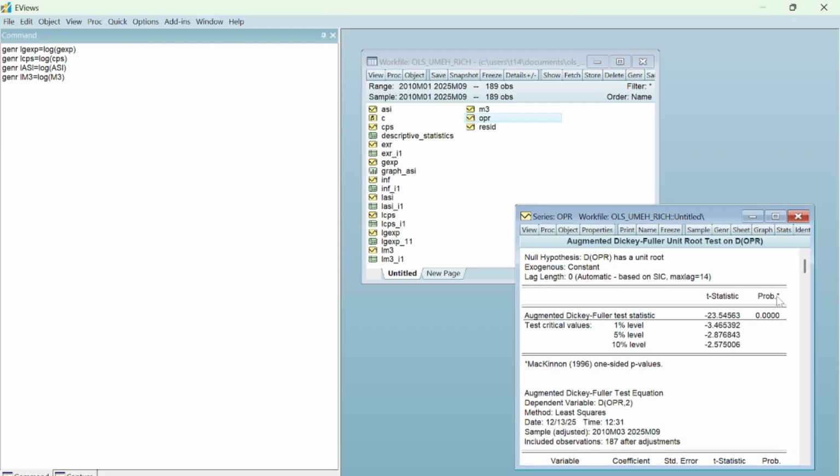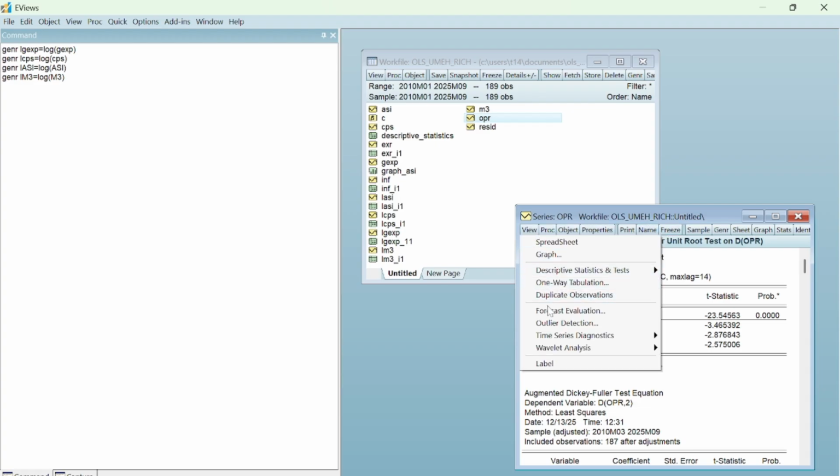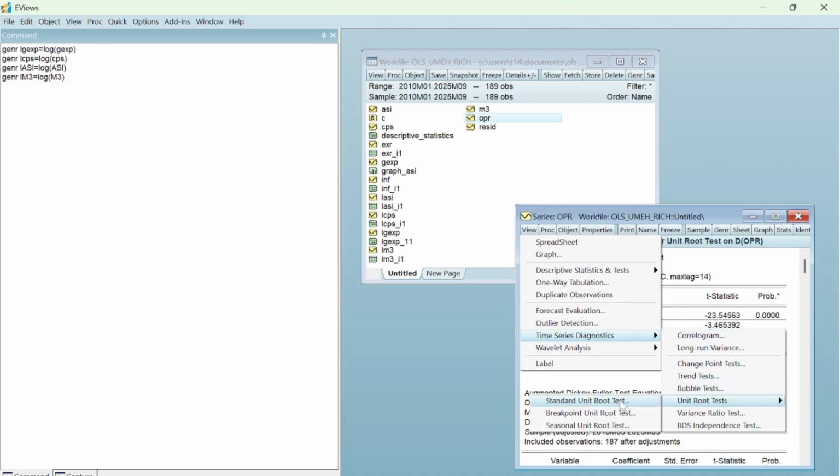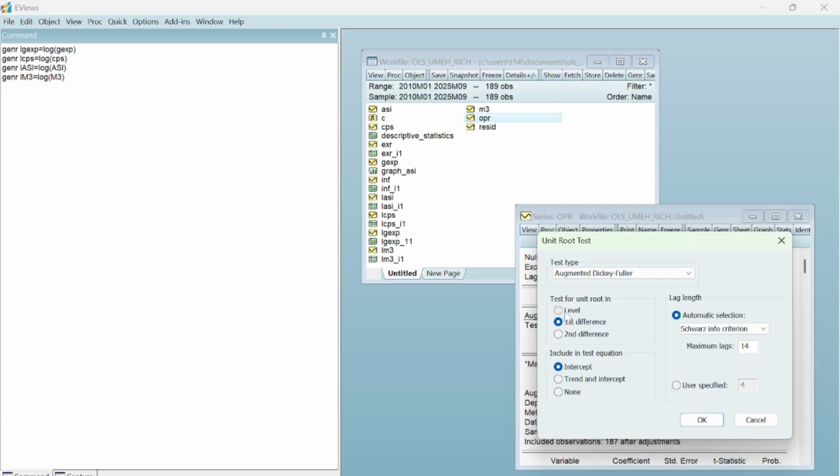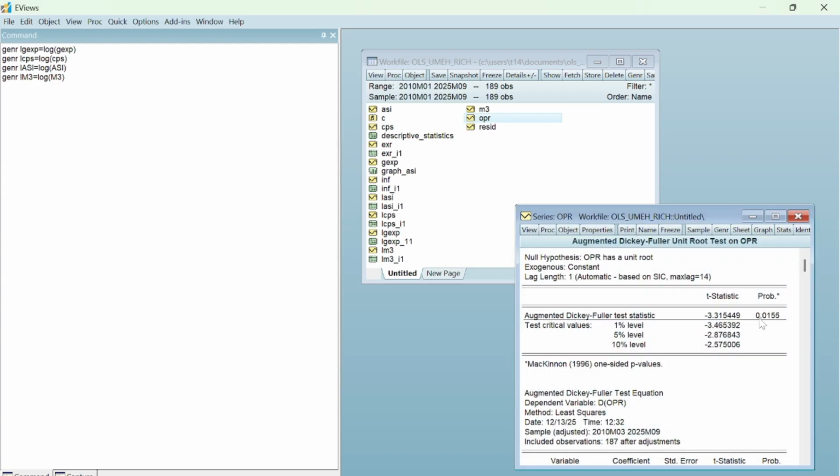It is also very, very stationary. So now what I will do, I will do view and leave the answer in I0 so that it will be easier for us when we want to do the ARDL model. So okay, it is stationary at 5% and 10% level of significance.